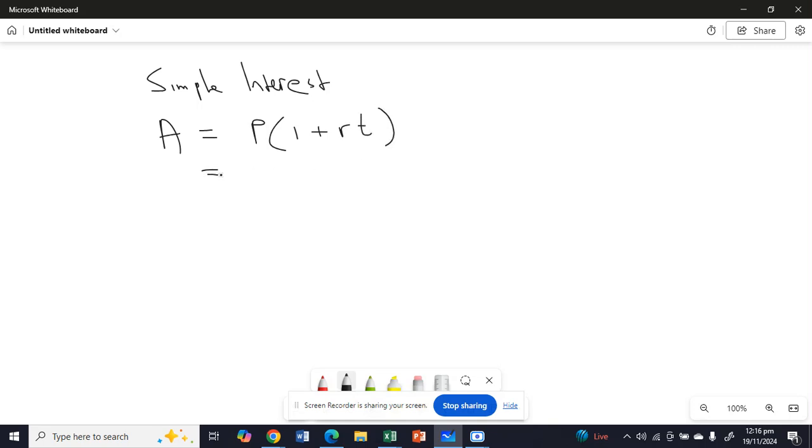All right. So in this case, our principal is 1,000 kwacha. Our interest rate is 10%. If you convert 10% into a decimal, it becomes 0.1. And the time is 3 years.